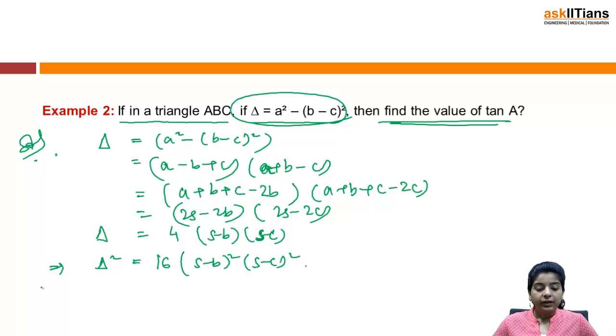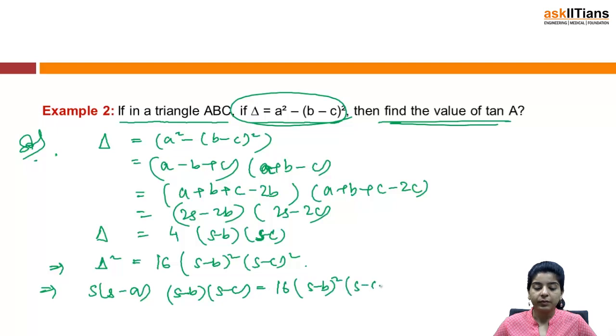That means now applying this formula also, we can write the formula of delta, means area. So this is equal to s(s minus a)(s minus b)(s minus c), which would be equal to 16 (s minus b) square (s minus c) square. So this means (s minus b)(s minus c) divided by s(s minus a) is equal to 1 by 16.